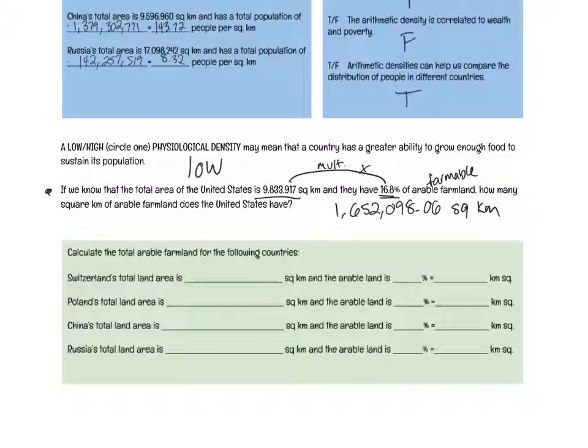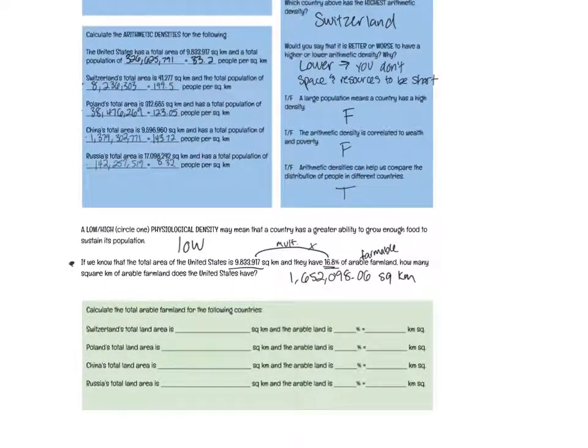To do the bottom box, you're going to take the land area from the blue box up above, and just copy those numbers down into this bottom green box. Switzerland's total land area was 41,277.